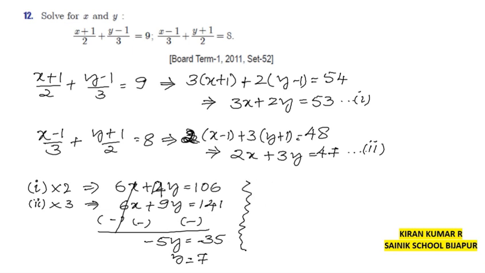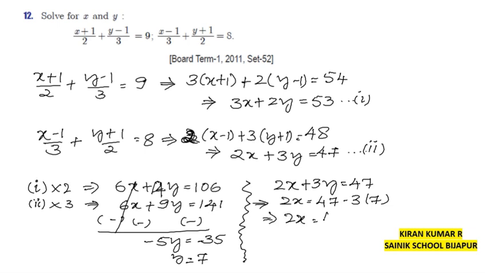Once the value of y is obtained, we can find the value of x. Let me take one of the equation. I'm taking second equation this time. So 2x will be equal to 47 minus 3 times 7. 3 times 7 is 21. So 2x will be equal to 47 minus 21.